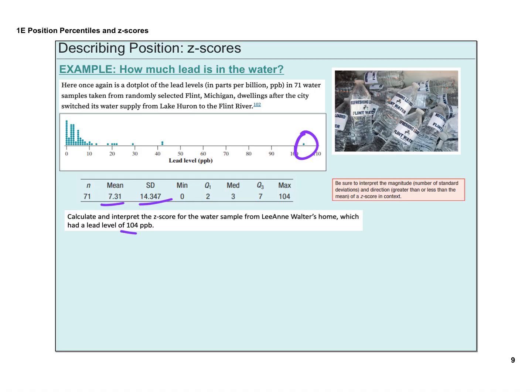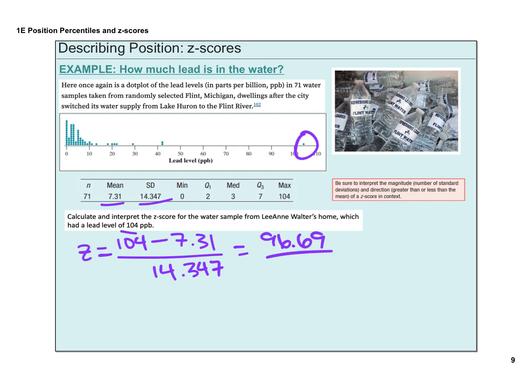Her z-score is data minus mean: 104 minus the 7.31 that was given to us from those summary statistics, divided by 14.347. Well, 104 minus 7.31, she's real far away. 96.69 divided by 14.347.